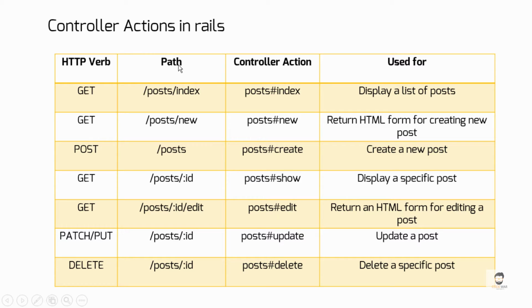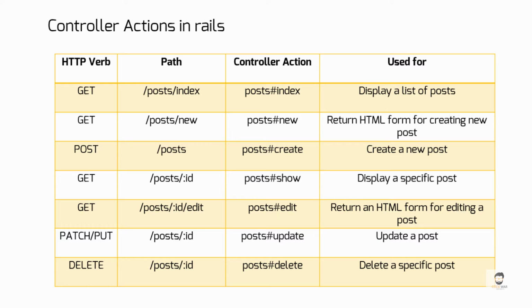And this is the path, which is nothing but a URI, Uniform Resource Identifier, the thing we type in our URL to see the output of our application. Next is the controller action. Post is the controller and index is the action.